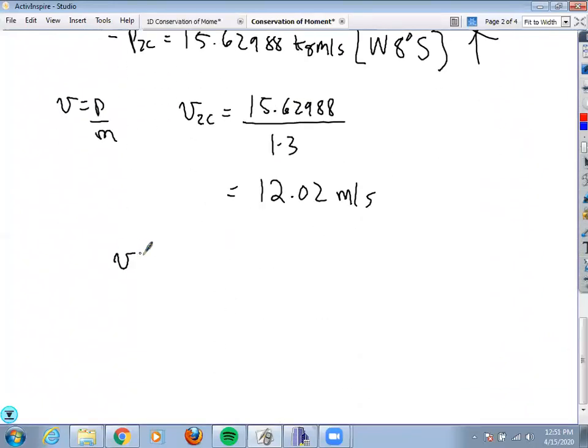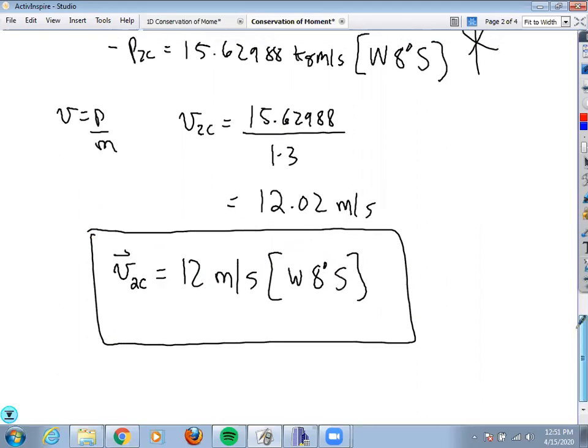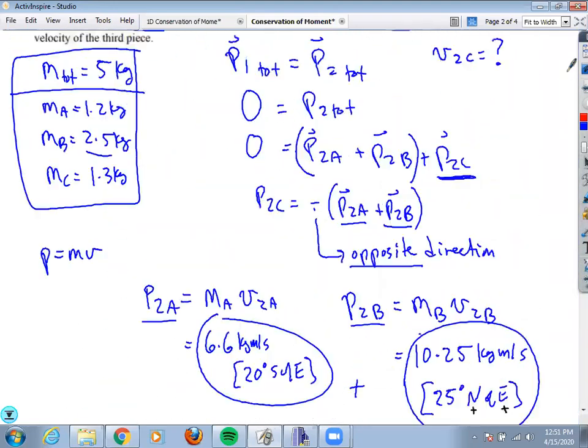So finally, the velocity of the third piece C after the explosion, V2C, would equal 12 meters per second, west, 8 degrees south. That would be the direct way to solve for an unknown velocity from an explosion type example.